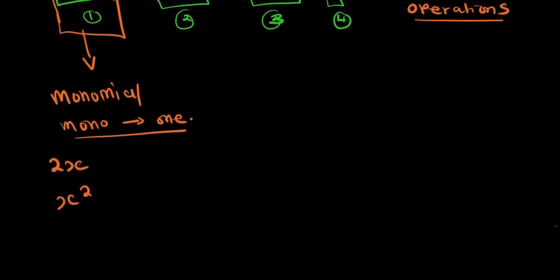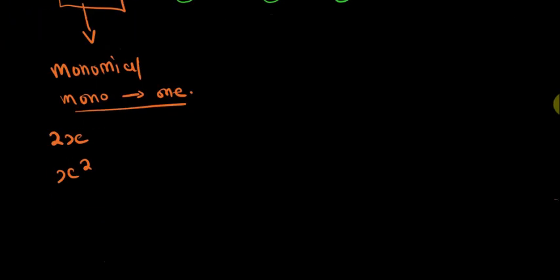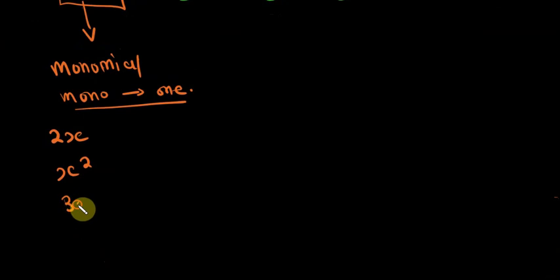What other term from the given polynomial is a monomial? Well, 3x is a monomial, and 1 on its own, without being grouped together by addition and subtraction signs. All these terms are regarded as monomials. Okay, cool.